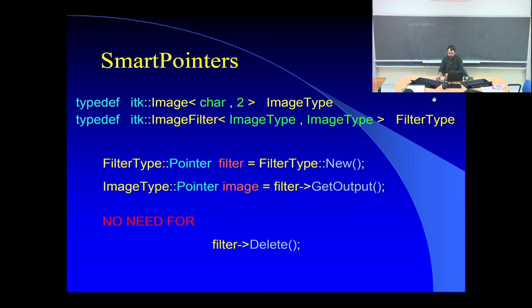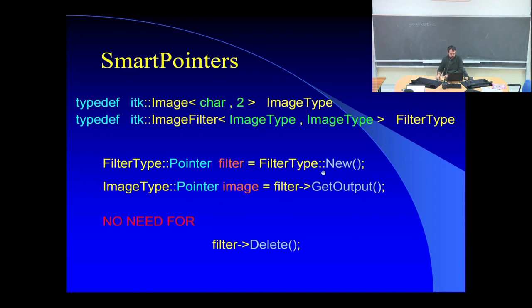And we call it filter type. Before using the filter, we need to create it. So we'll do a new. Filter type, because we're using a pointer, it will be pointer. We call it filter, that's the variable. Filter type, 2 colons, new. We're creating the filter. After this instruction, we can use the filter.